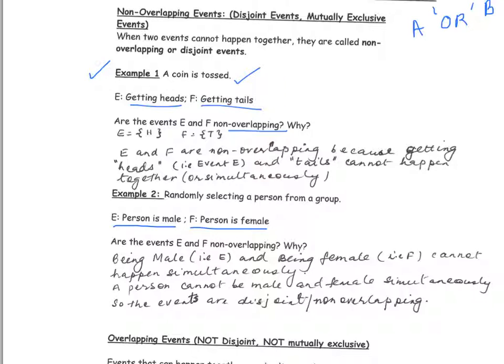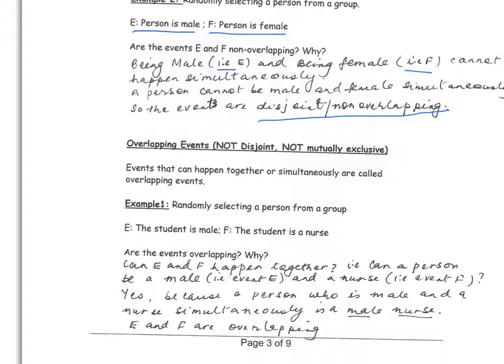So the question again we ask ourselves is, can the two events, being male and being female, happen together? Can a person simultaneously be male and female? We know that it is impossible. So being male and being female, the two events, are disjoint events or non-overlapping events.